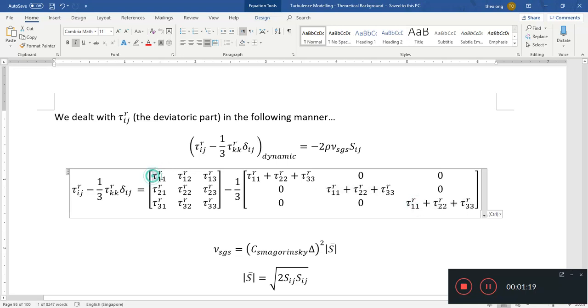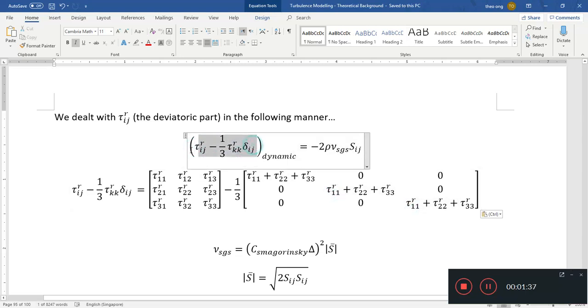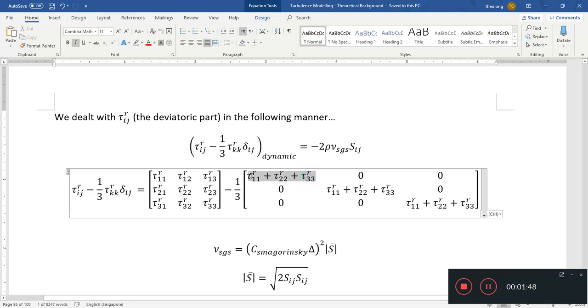So basically you take the diagonal elements of this matrix, divide them by 3, and subtract them off. If these averages become 0, then tau_ij^R and the deviatoric part are actually the same. But remember, we want to model the deviatoric part, which is like subtracting the so-called pressure acting on this system.